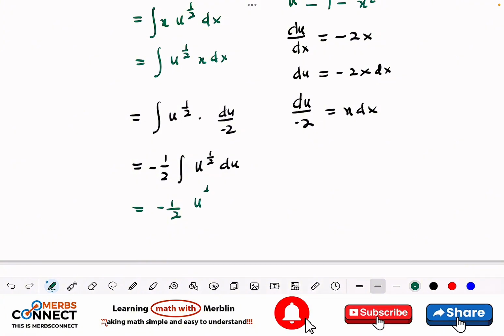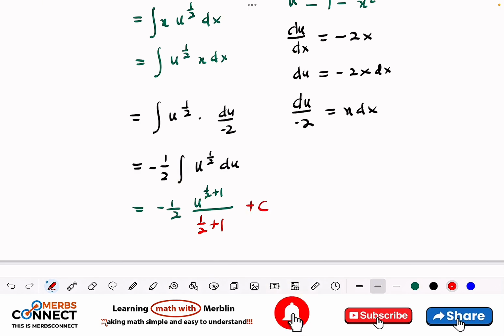So this is u to the power 1 over 2 plus 1, divided by 1 over 2 plus 1. So everything on the top here is the same as down here. Then this one is indefinite, so I need to add plus c. This is going to be the same as minus 1 over 2 u to the power, so half plus 1 is 3 over 2, divided by 3 over 2.